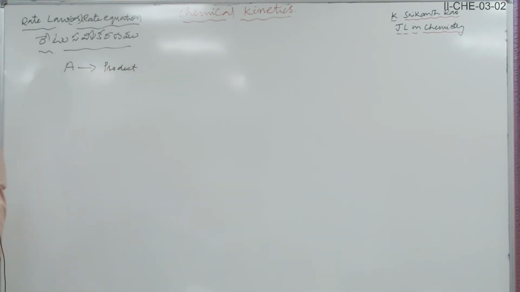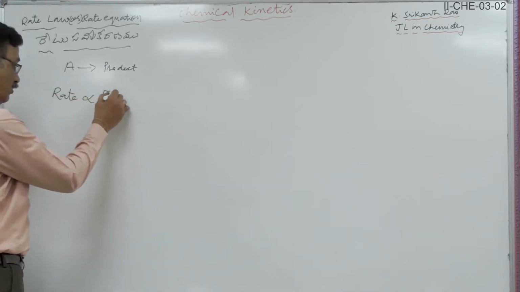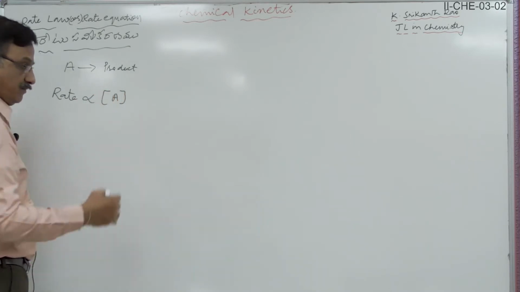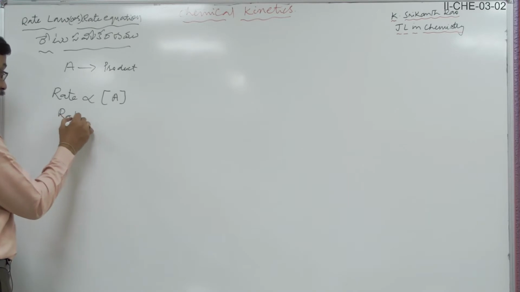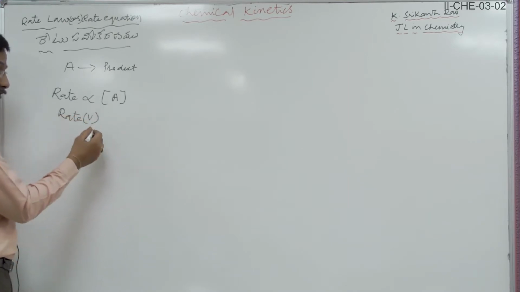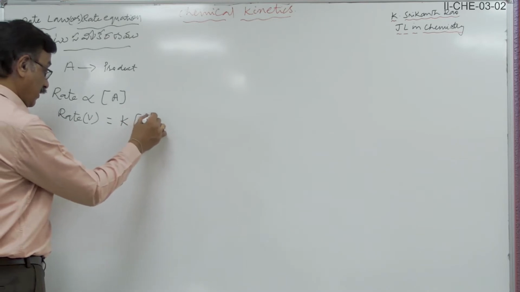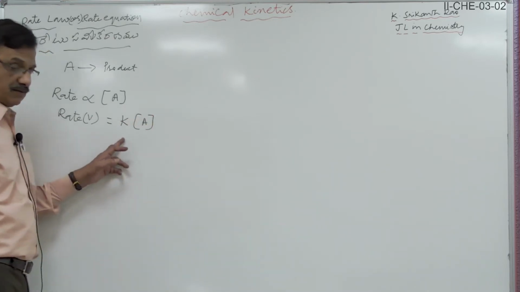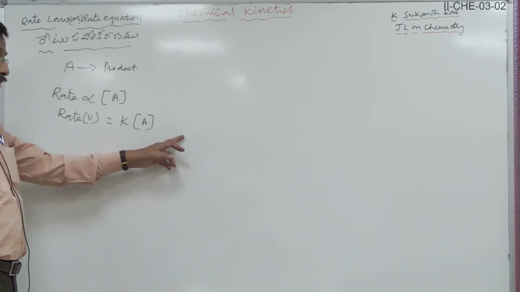So in this reaction, the rate is directly proportional to concentration of A. So rate we can express to be equal to K into [A], where K is the rate constant. దీన్ని రేట్ సమీకరణం అని అంటారు.